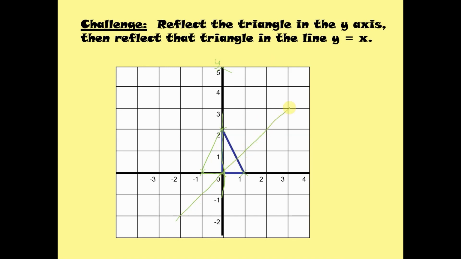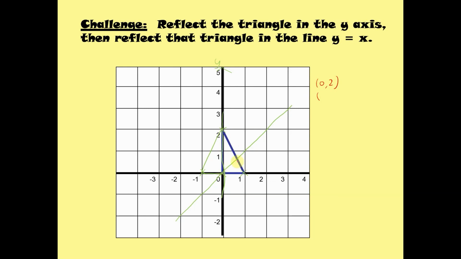Okay, is this line. So as we did before, we can write the coordinates of that triangle. Let's start from this one on top, which is 0, 2.